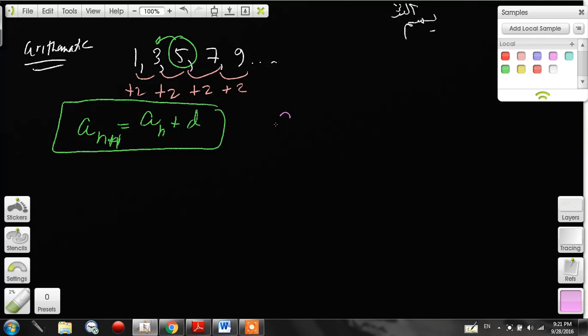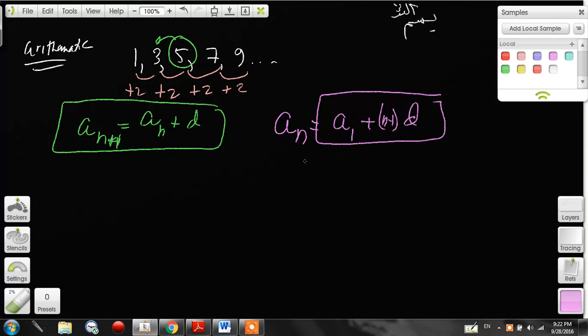Then there's the formula for getting a sub n. a sub n is the first term, and then you add a certain number of differences: n minus 1 times d. How many 2's are you going to add? You can write this over here.